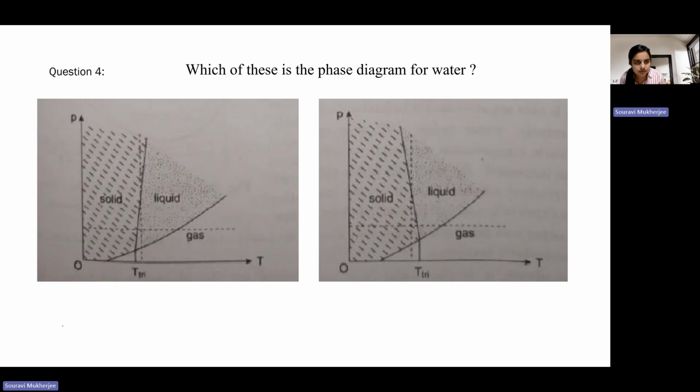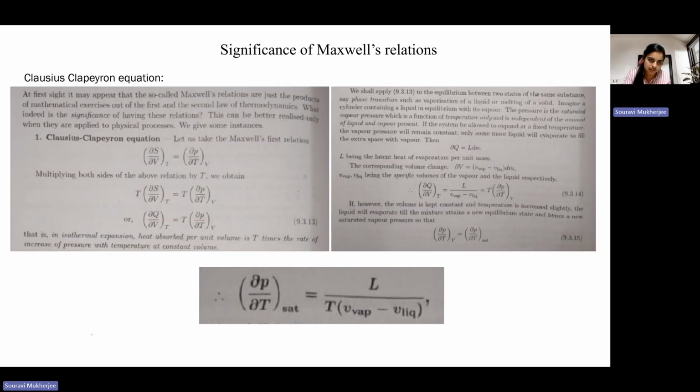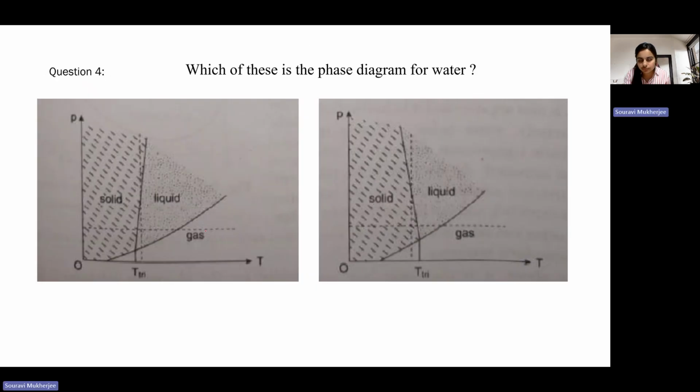The slope is telling us about the rate of change of pressure with temperature, right? So del P del T, that is the right hand side of the Clausius-Clapeyron equation, which is present here with the T multiplied to it. We know the sign of this is different for the two cases. Now, for water, we know that water expands on freezing.